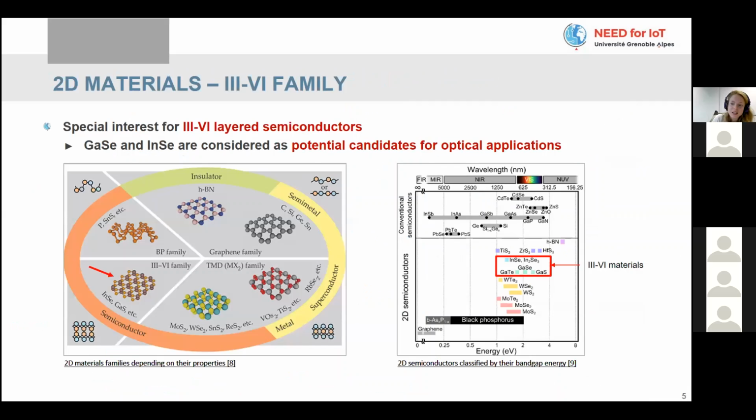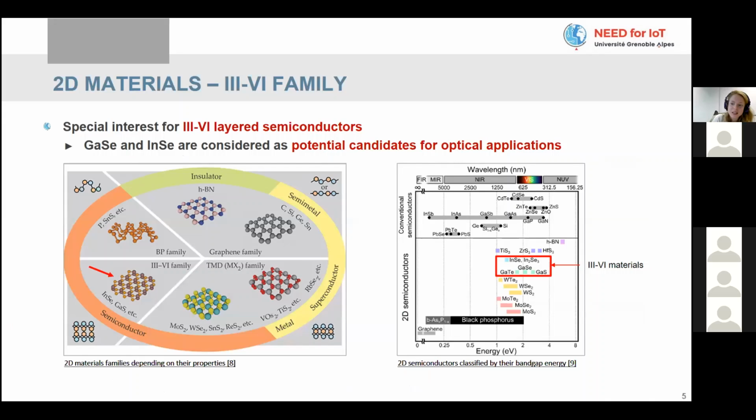So another way to do that is to reduce the quantity, and this is where 2D materials are interesting. Those materials have been studied for the past 15 years, and in fact, they present really interesting properties, equivalent to the properties of bulk crystals, but with really thin thicknesses.